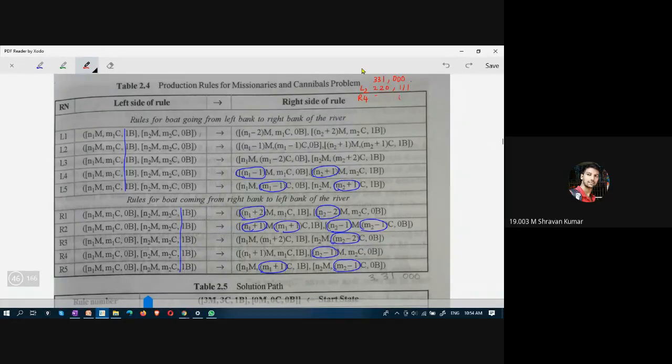This one comes back to the left side of the river. So 3, 2, 1. Because one missionary came from right to left, it is plus 1, so 2 plus 1 is 3. The 2 cannibals are as they are. The boat has come from right to left. Left to right and right to left, over. Next.